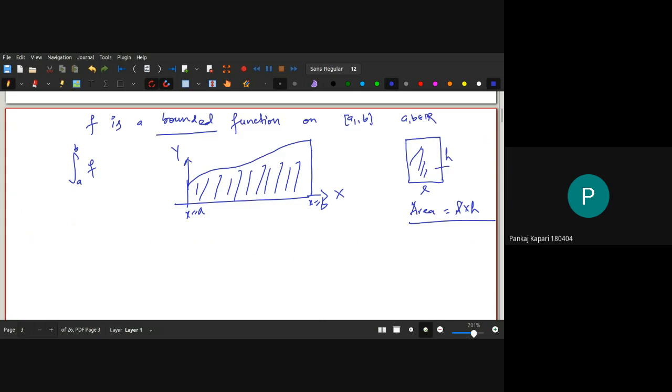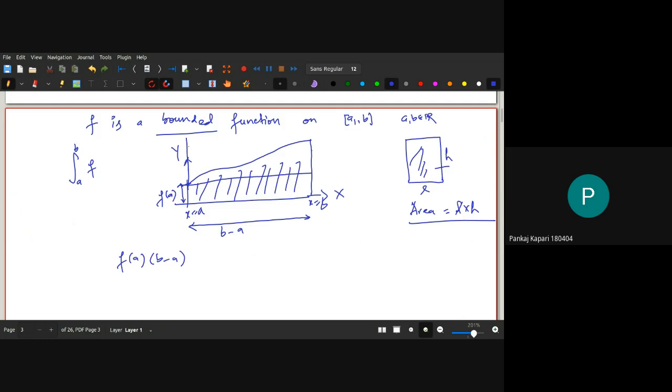There can be a lot of approximations of this area under the curve. One of the possible rectangles is where the height is just f of a. So this point is f of a, and the length is the whole length of the interval, b minus a. So the area can be approximately f of a times b minus a.